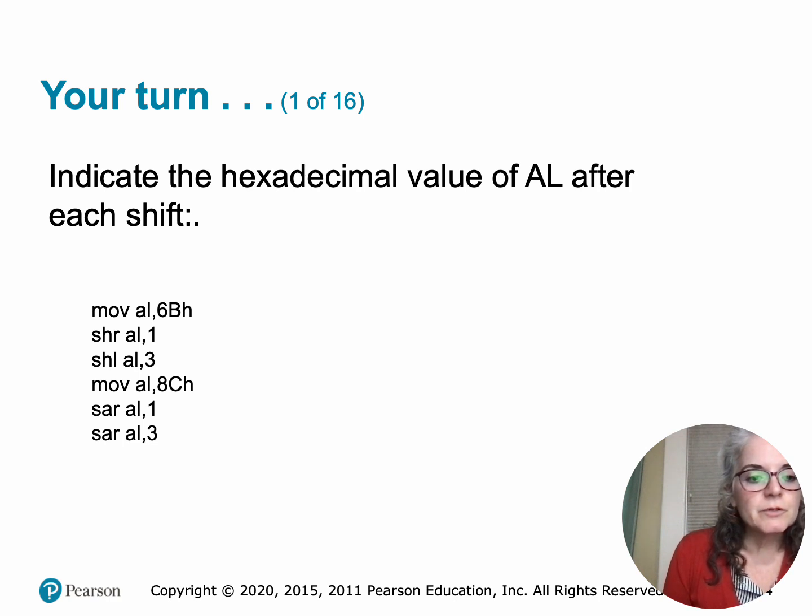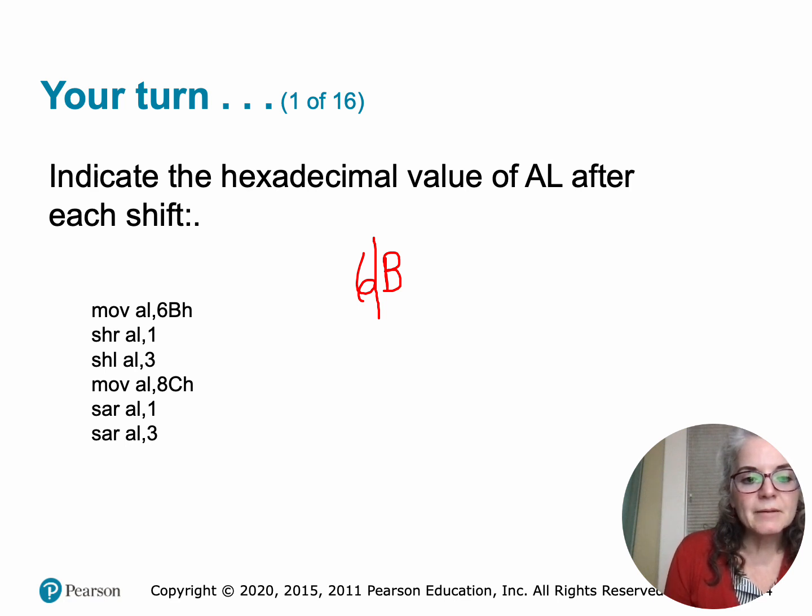The first thing we do is we move 6B into AL. So here's 6B. First let's convert 6B to binary. Remember, when you have a hex number, you're going to take that B and convert that to binary, and then convert 6 to binary.